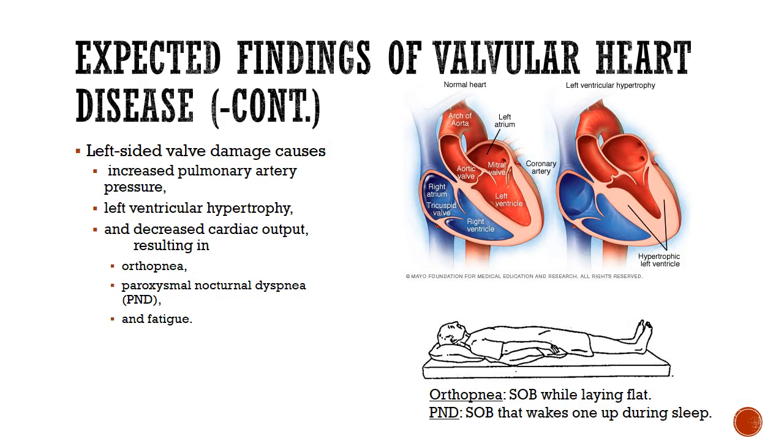Left-sided valve damage can cause an increase in pulmonary artery pressure, left ventricular hypertrophy, and a decrease in cardiac output, which will result in orthopnea, paroxysmal nocturnal dyspnea, and fatigue. Orthopnea is basically going to be shortness of breath when laying flat, whereas paroxysmal nocturnal dyspnea is basically a shortness of breath that will wake somebody up out of their sleep.